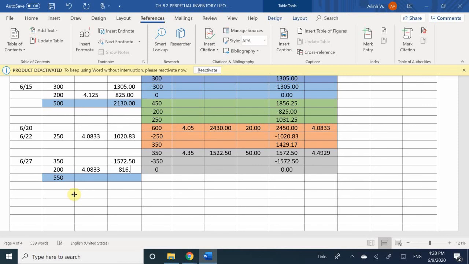How many cents past this? So we got $816 and how many cents? I'm just showing $416, I'm not showing any cents. I don't know what's wrong with my calculator.